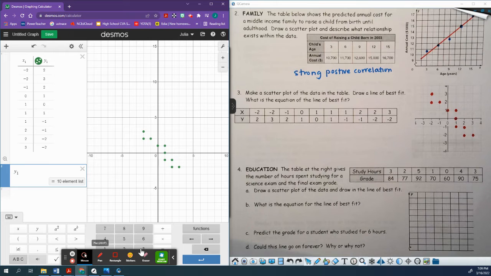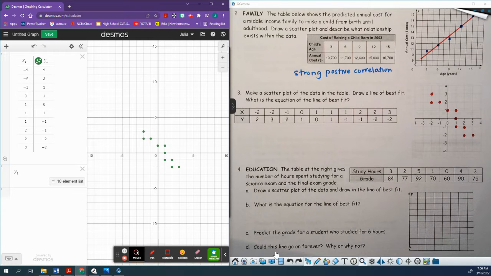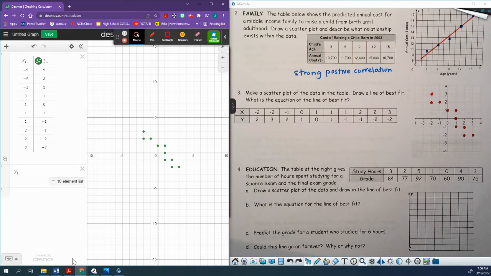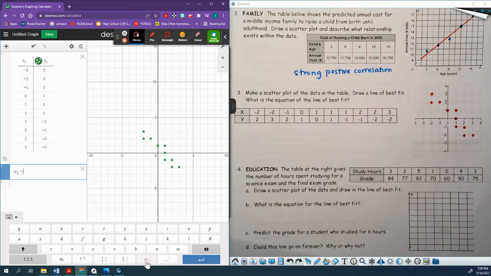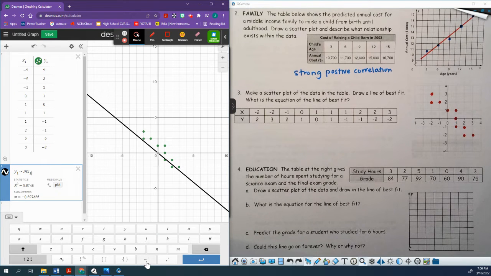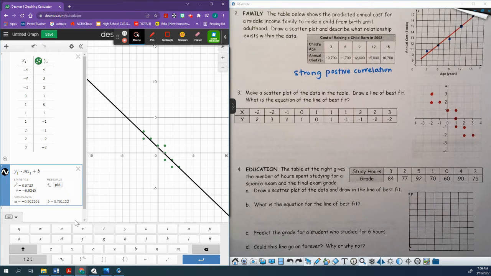Your squiggle bar should be over here, if I remember correctly in the ABCs. Sorry, guys. ABCs, squiggle, MX, and again, that's going to be that 1, 2, plus B.